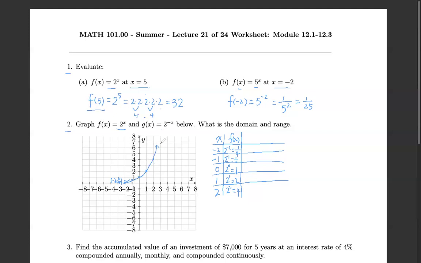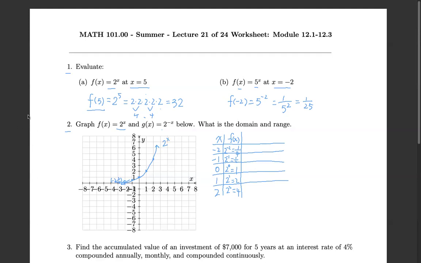The right-hand side keeps going to positive infinity, and the left-hand side also keeps going, getting close to the x-axis, but it will never cross the x-axis. Because 2 raised to any number will never be negative, so it won't go below the x-axis. 2 raised to any number will always be positive, so the graph is above the x-axis. So this is the graph of 2 raised to x.